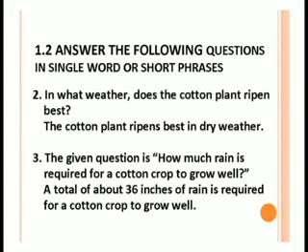Let's look at question number 3. The given question is, how much rain is required for a cotton crop to grow well? Here, the question word is how much and you will have to find a number or something. In the text, it is said that too much or too little rain at the wrong time can ruin an entire crop.